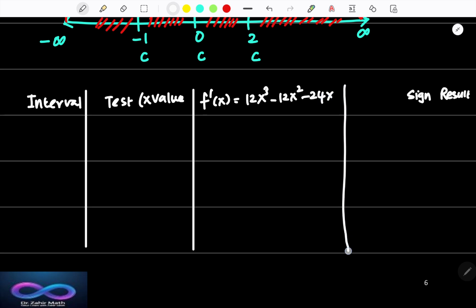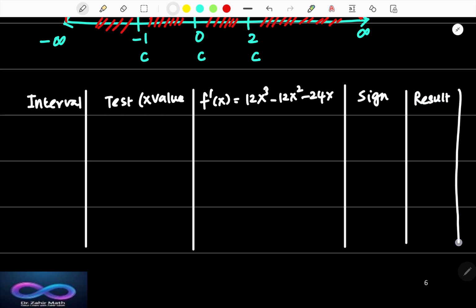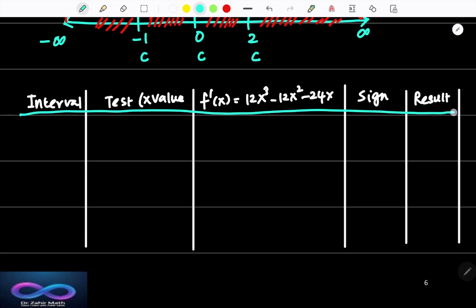And then make a line. Then I'm going to give a sign here. Sign means plus, minus. And then you're going to write the result.